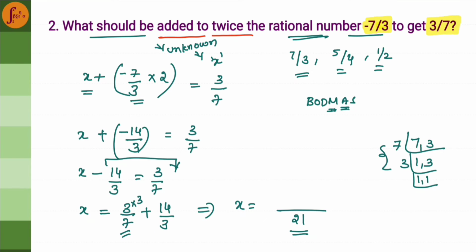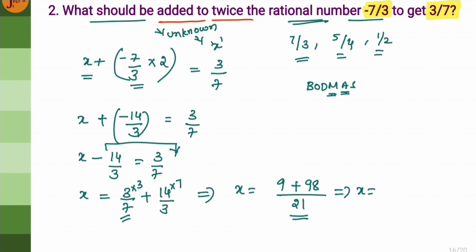And here, in 3 tables, to get 21, we have to multiply with 7. So now 3 into 3 is 9, plus 14 into 7 is 98. So we get x is equal to 98 plus 9, which is 107 by 21.